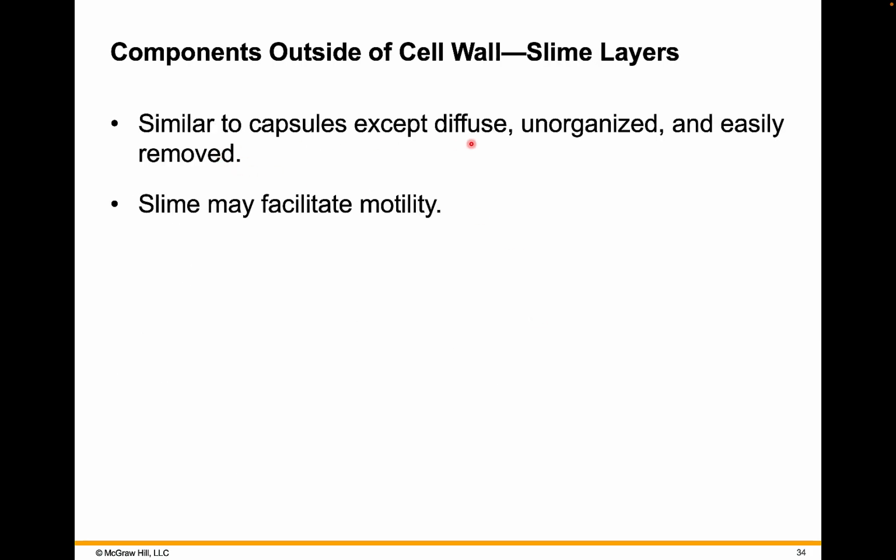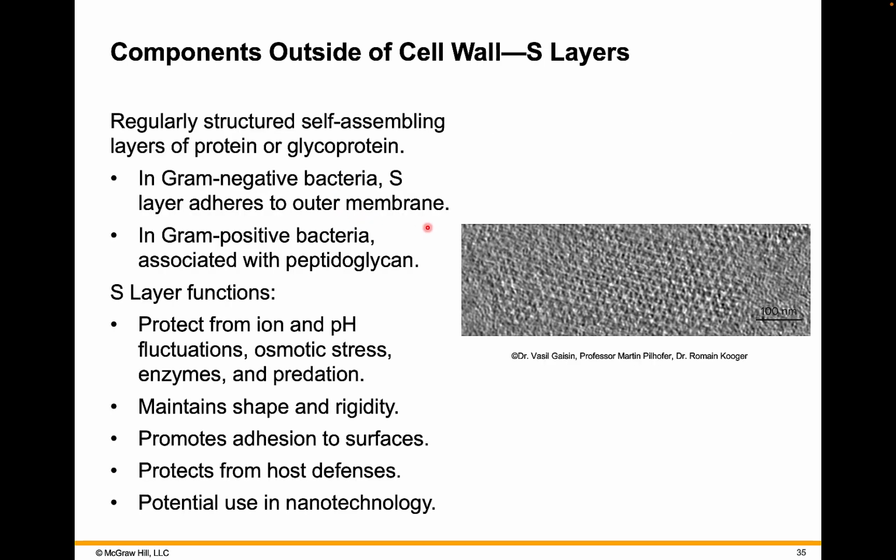On the other hand, the slime layers are similar to capsules, but they are unorganized and easily removed, and sometimes may facilitate motility as well. Here you can see the regularly structured, self-assembling layer of protein or glycoprotein. In gram-negative bacteria, the S layer adheres to the outer membrane, whereas in gram-positive bacteria, it is directly associated with the cell wall, which is the peptidoglycan.